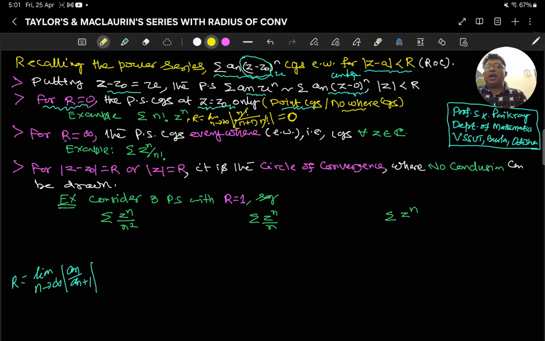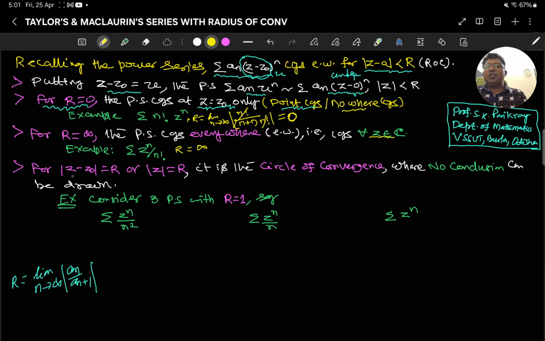Now if R is equal to infinity, then the power series converges everywhere, or we can say it converges for all z in C. Similarly here R is equal to infinity, so it converges everywhere.